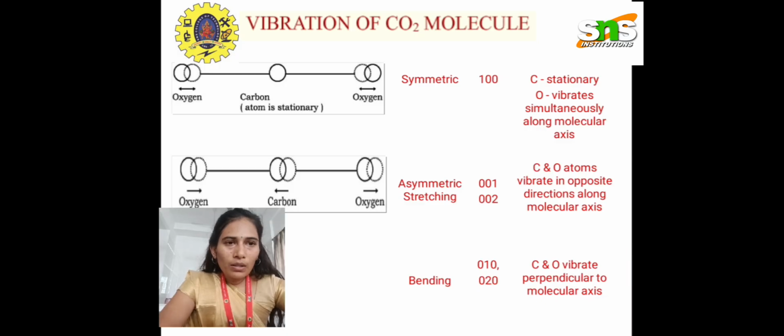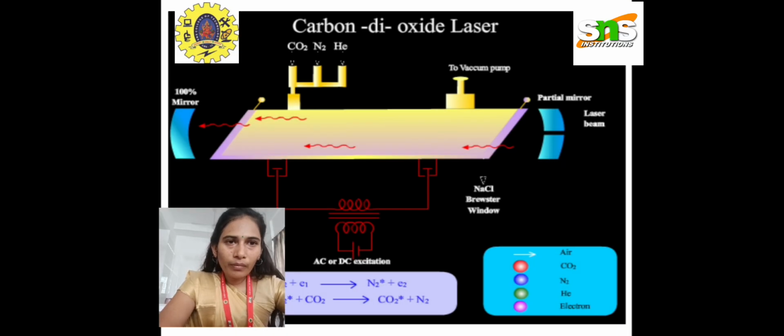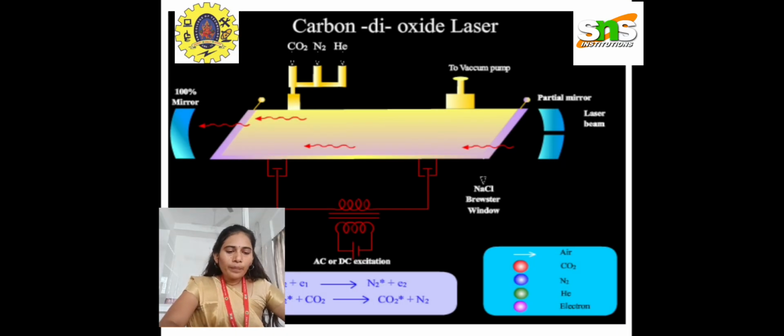And the next one is construction. Along with the CO2, the nitrogen and helium gases are in the apparatus, and the partial pressures of CO2, N2 and helium are around 0.3, 1.2 and 7 respectively.